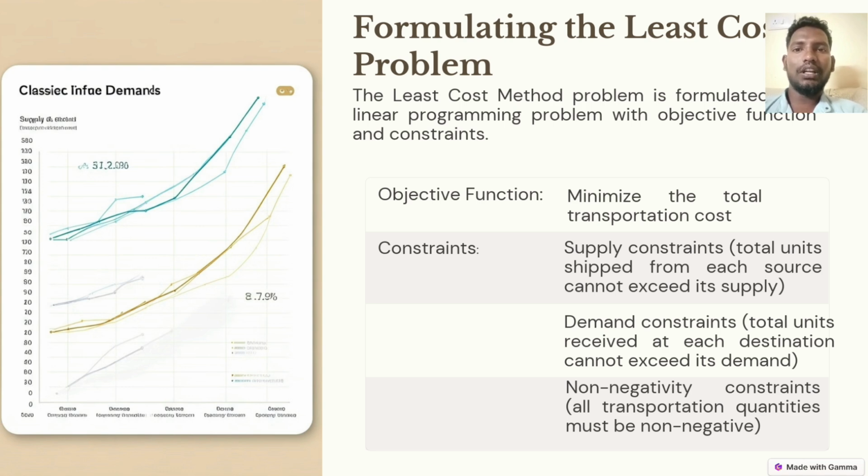Demand constraints: total units received at each destination cannot exceed its demand. Non-negativity constraints: all transportation quantities must be non-negative.